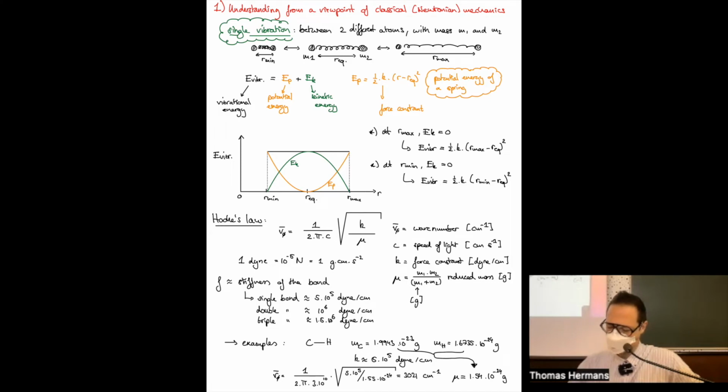But you have to calculate the weight in grams, so you take the weight of, for example, the atoms, and calculate the reduced mass based on how many grams each atom is. And 1 dyne is 10 to the minus 5 Newton, or 1 gram times centimeter over second squared.